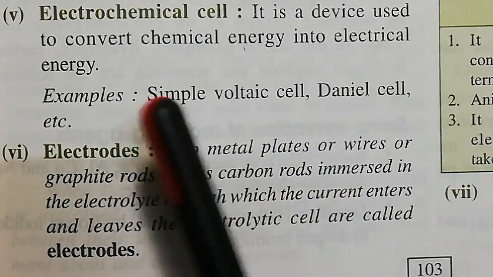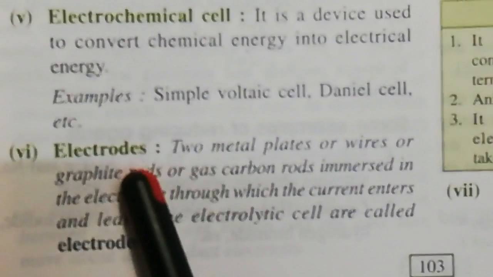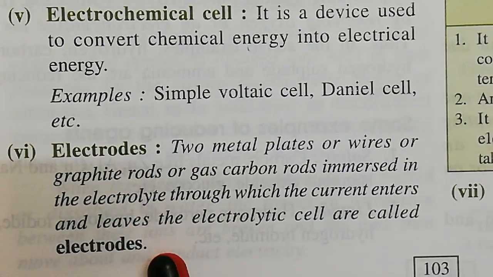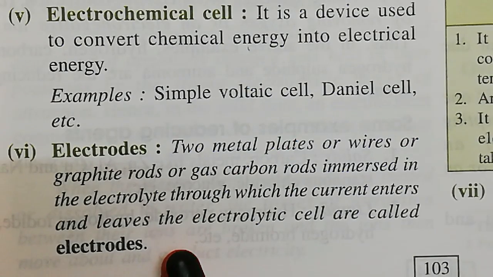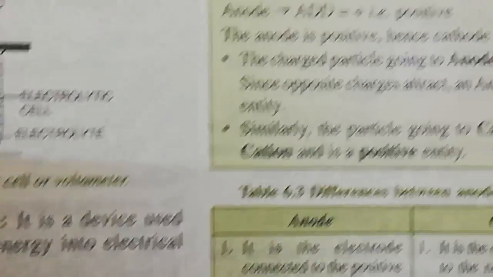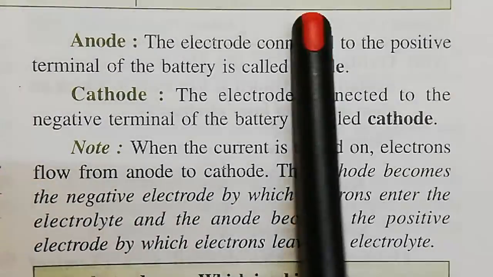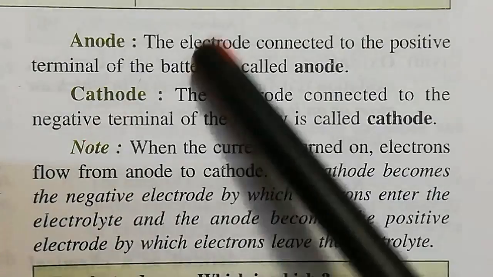Here is the definition of electrodes, just to go through it fast: two metal plates, wires, graphite rods or gas carbon rods immersed in the electrolyte, through which current enters and leaves the electrolytic cell, are called electrodes. The electrodes can be cathode and also anode. I have already said what cathodes and anodes are.